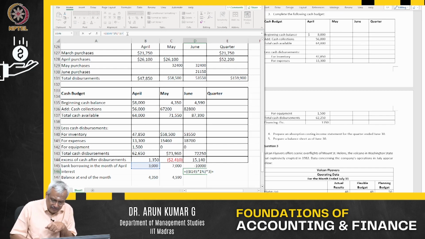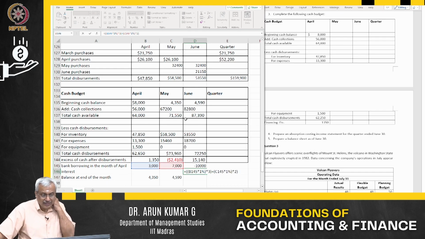Next, on this 7,000 what I borrowed, I have to pay 1% for basically 2 months, because I am borrowing again in the beginning of this month.